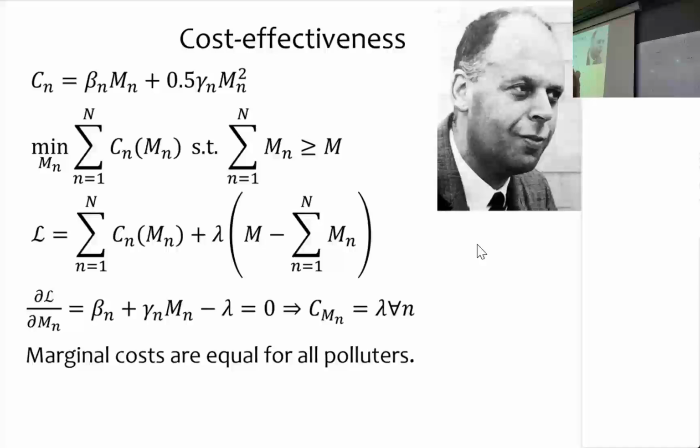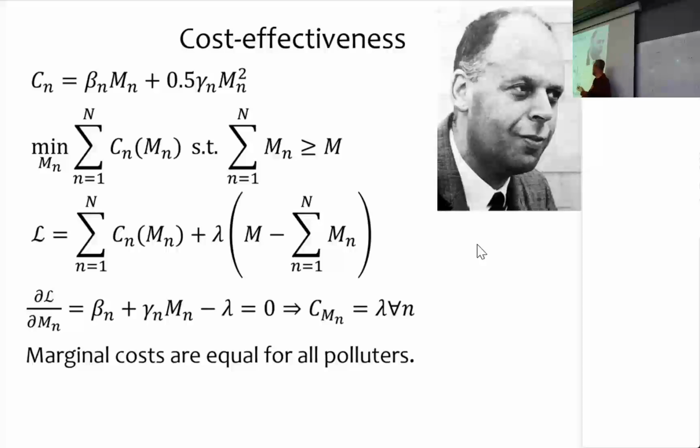So now you know why we took this particular form. So this becomes beta plus gamma m. This is a simple linear sum. So we have the lambda here. We bring the lambda to the other side of the equation, and what we have is that the marginal cost of emission reduction for company n should equal the shadow price of the constraint lambda.